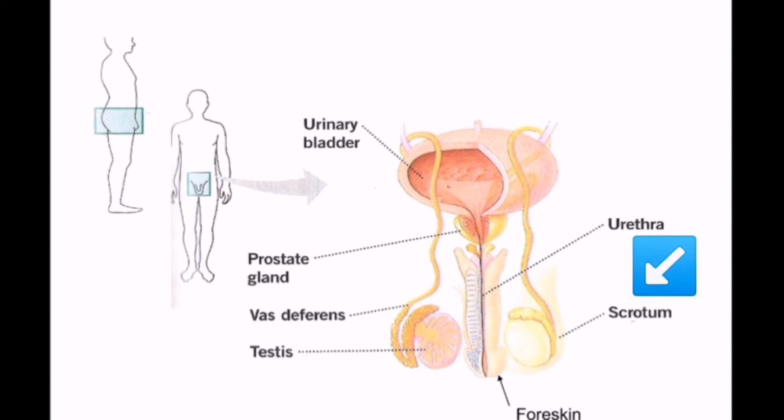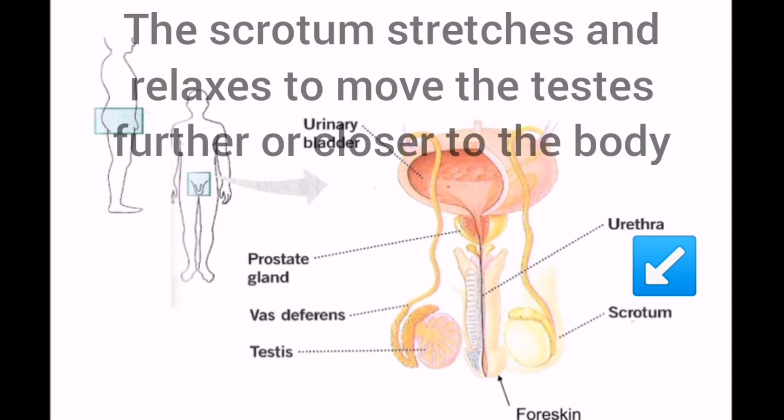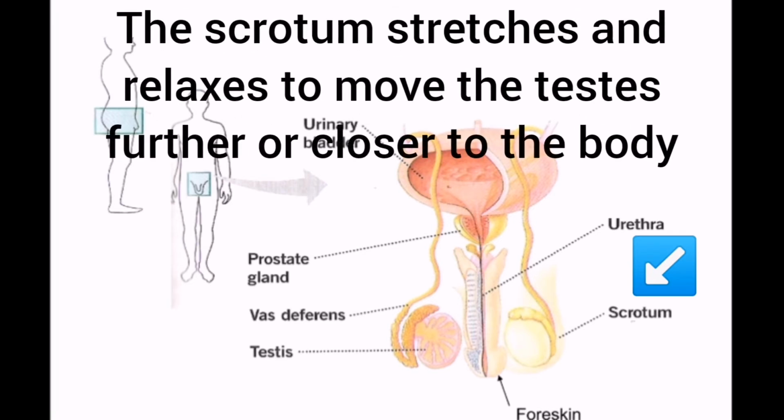Now, the reason why the male reproductive organs are on the outside of the body is because this skin called the scrotum that surrounds the testes and the penis is actually able to stretch or shrink.